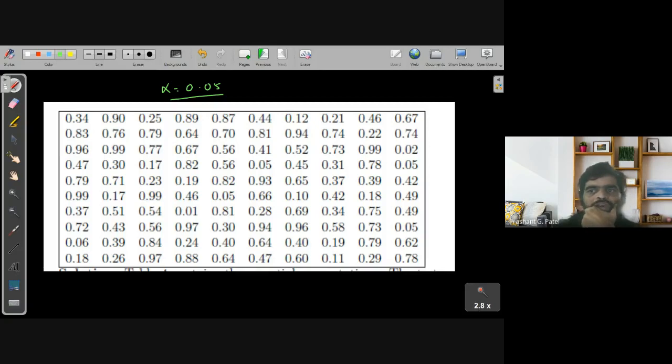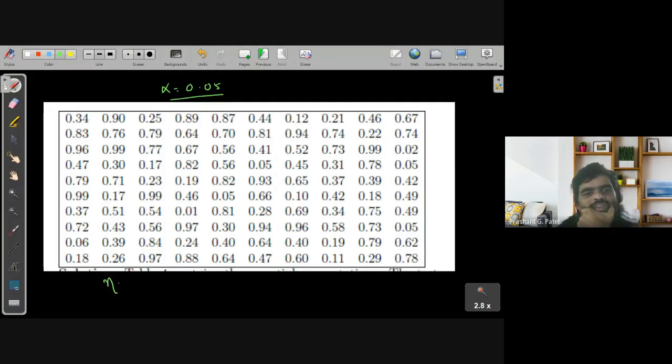For that, we'll take some sample intervals. We have to make intervals, and write down for each entry how many entries are observed in those intervals.